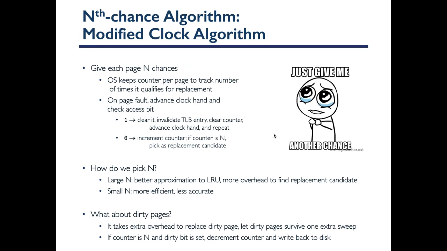So if that is your candidate, then you need to write it back to the disk before you can evict it. And maybe it's better to give another chance to this one.